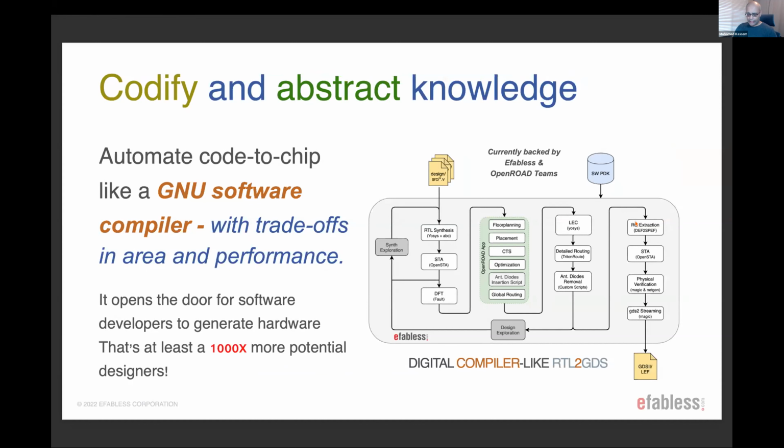When we built the OpenLane flow, the discussion with the Google guys was, we're software guys. We don't know what a DRC is. So I wanted it to look like a GNU compiler, even if it's bigger area or lower performance. If you think about it this way, and you consider it like a GCC, you open the door for 1,000 more people who don't have the knowledge, or don't need to know, for getting the chip on the back end of the flow.